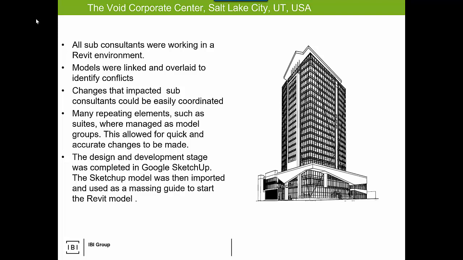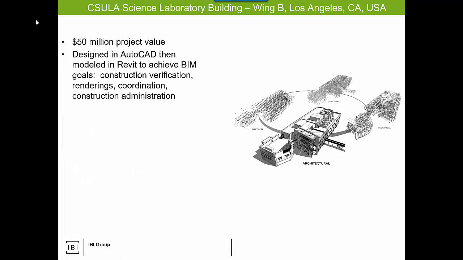A science lab building. This was a project that started in AutoCAD and then was modeled in Revit. The reason it was moved to Revit was to achieve construction verification, renderings, coordination, etc. Navisworks was used for design review.